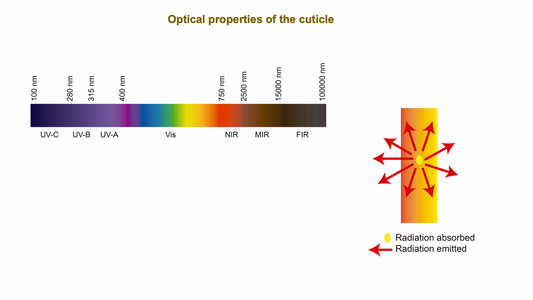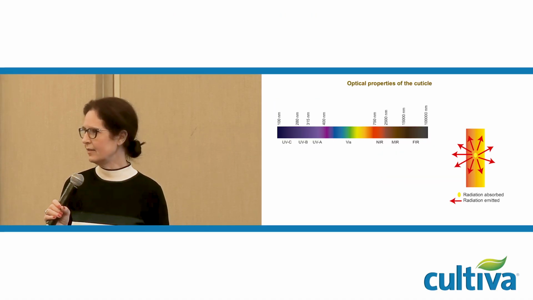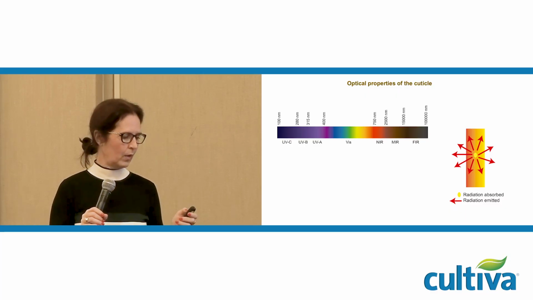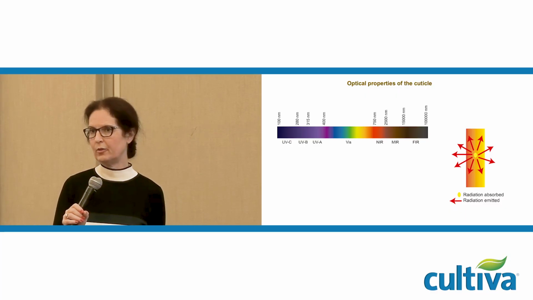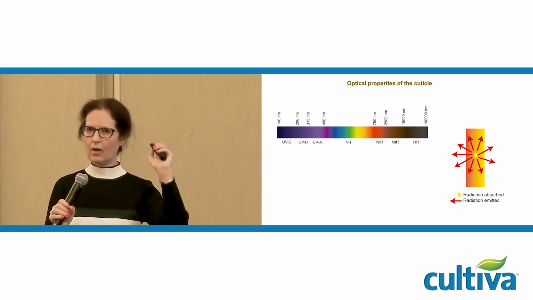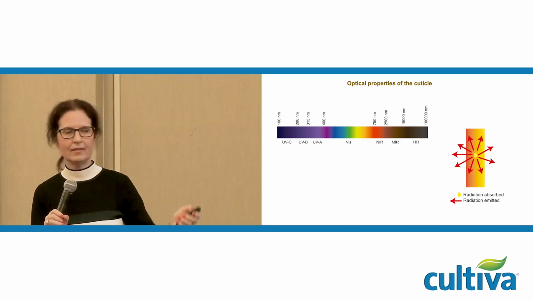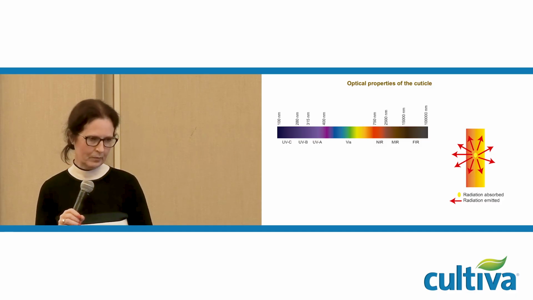There are some very old reports that suggest that the cuticle is also reflecting a fair amount of light in this region. And this indicates that when we are seeing our hyperspectral images and we are seeing, okay, this crop needs water, etc., there is a part of it that is the cuticle.